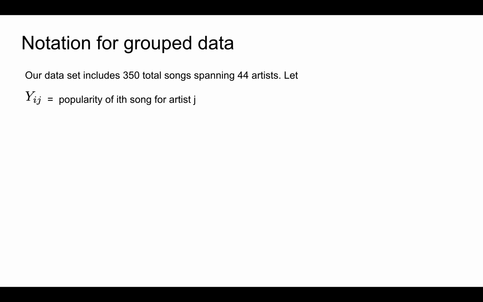Specifically, let Yij denote the popularity of the ith song for artist j. Also notice the order of these 2 subscripts. The second subscript reflects the group of interest, and the first subscript denotes the observation within that group.